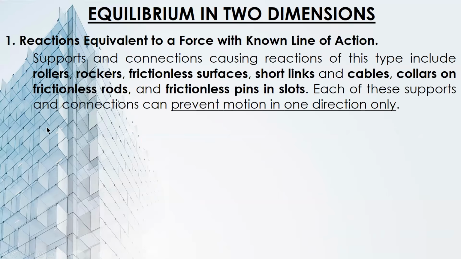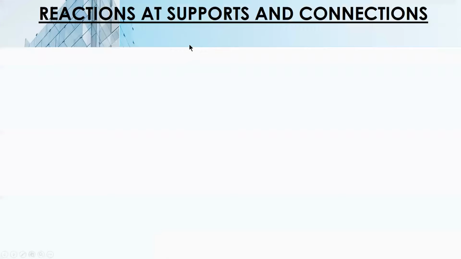Supports and connections causing reactions of this type include rollers, rockers, frictionless surfaces, short links, and cables, collars on frictionless rods, and frictionless pins in slots. Each of these supports and connections can prevent motion in one direction only. Okay. What are these connections?